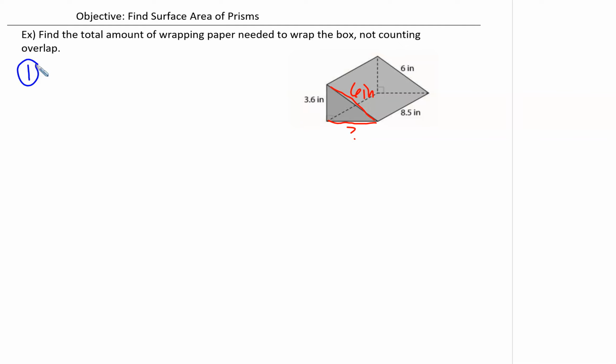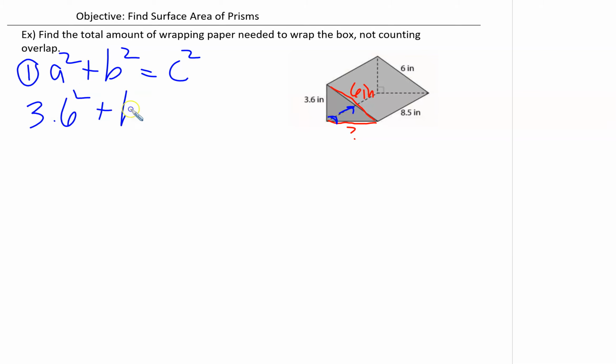So our Pythagorean theorem, remember, is a squared plus b squared equals c squared, where c is the measure of the hypotenuse of the triangle, which is the side that's across from the right angle. So here's our right angle, and going across, that would be our 6 inches. So we'd have our 3.6 squared plus the other leg squared would equal our hypotenuse squared.